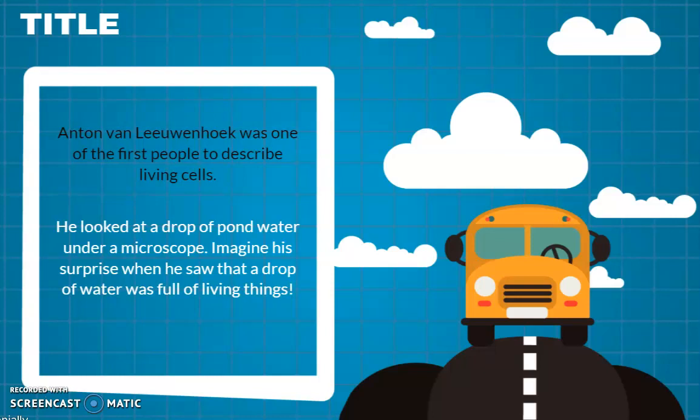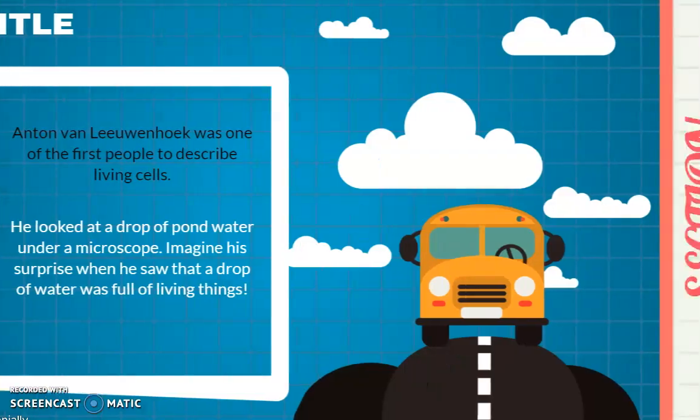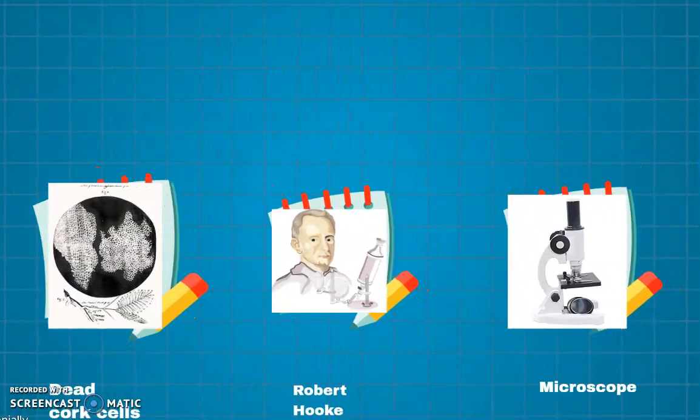But he took a drop of that pond water and he said, I want to know what is inside this water. He placed it under the lens in the microscope, and my goodness, it was full of microscopic, tiny living things. He was very surprised to see things moving there, inside the pond water.